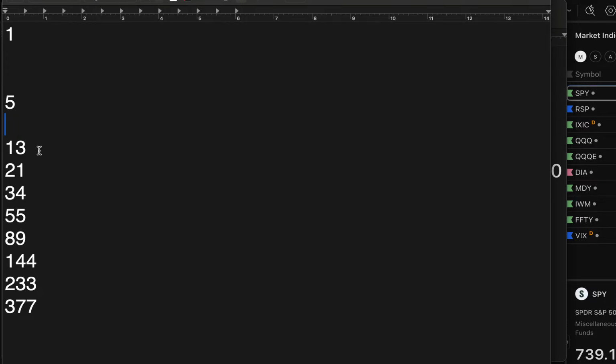I skip the 8, I skip the 13, and I skip the 34 and the 55, and I skip the 144 and the 233. And so these are the exponential moving averages that I use. So I have the price, the 5 EMA, the 21 EMA, the 89 EMA, and the 377 EMA.